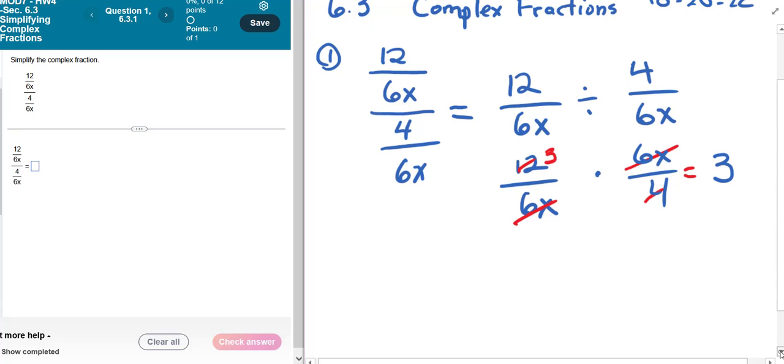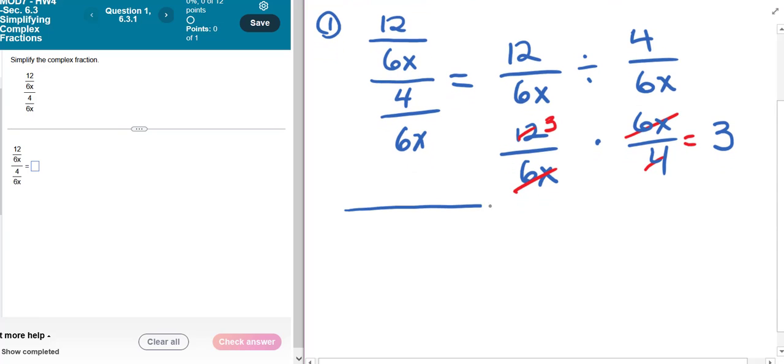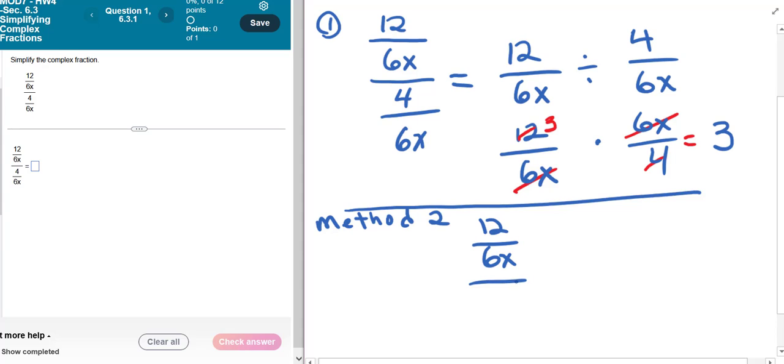The other technique is to multiply on the top and the bottom of this big fraction by the LCD of all the denominators. So method 2, same problem. Pick the LCD. 6x is the common denominator.